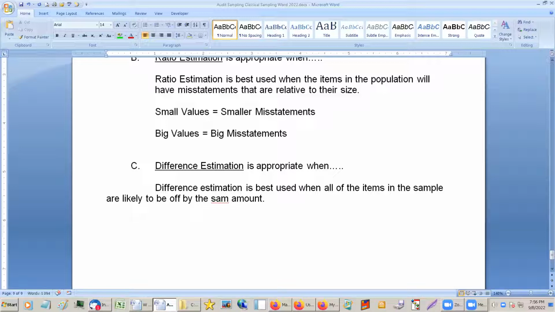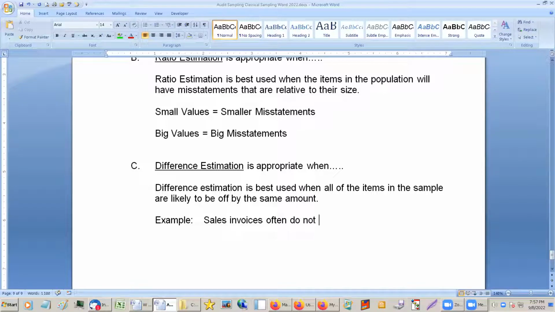An example of this would be, let's say you have a standard handling charge of $10, and sales often do not include the $10 handling charge.